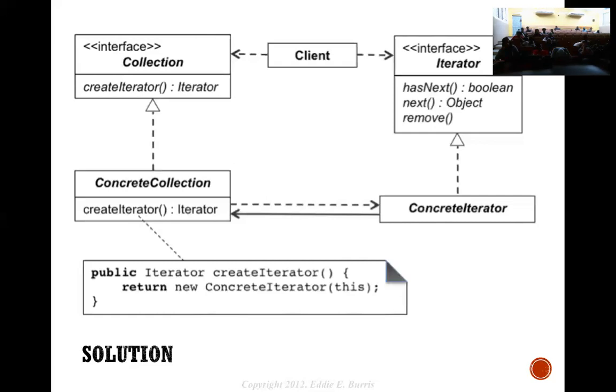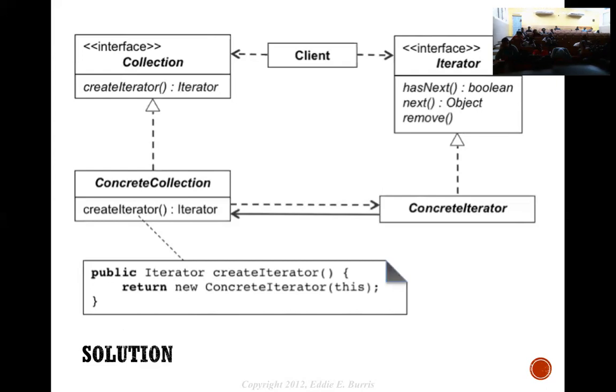Notice that arrowhead is like inheritance, because realizing an interface is kind of like inheritance. You are going to override each of those. So anyway, this is called a realization arrow. So the concrete iterator realizes the iterator interface.